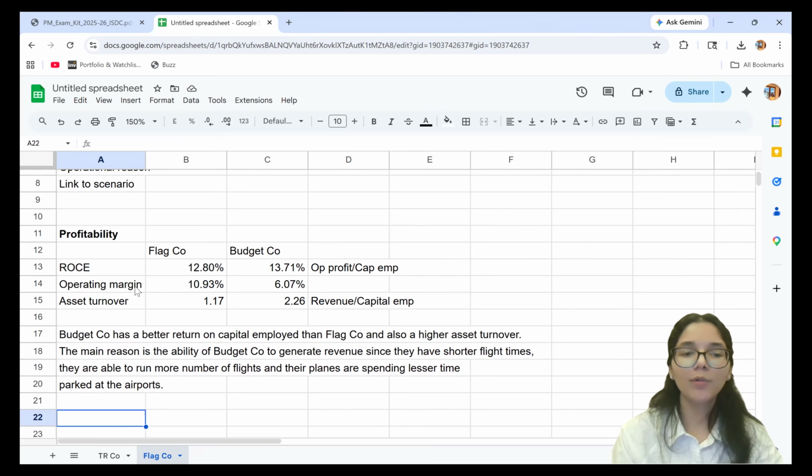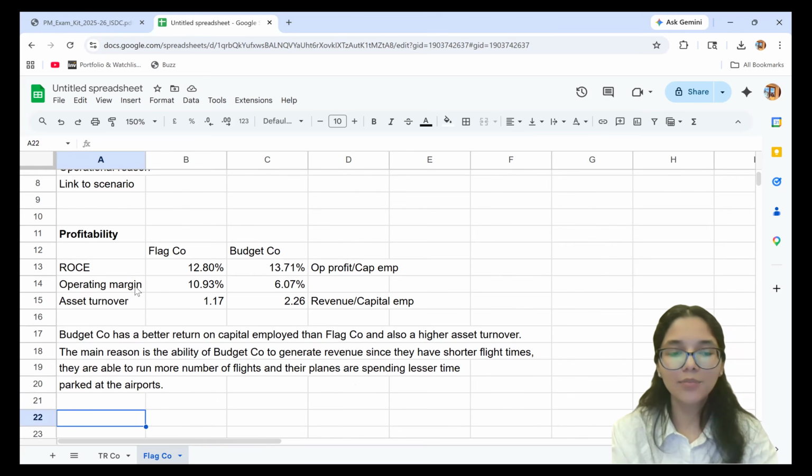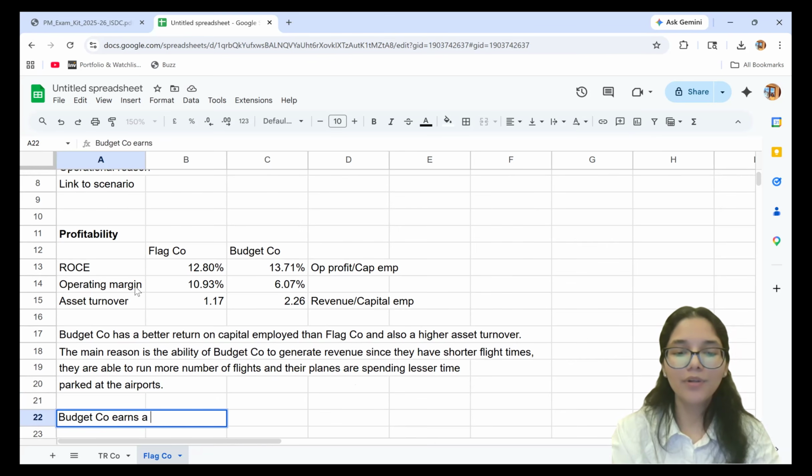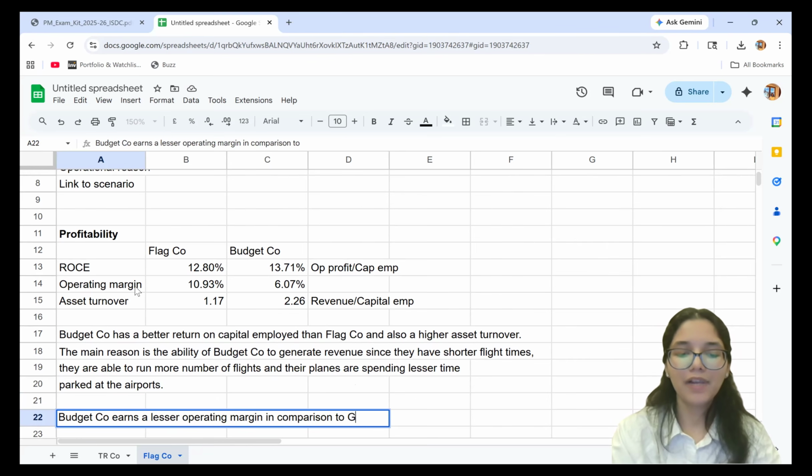Then we are going to talk about the operating margins also. We will say that budget company earns a lesser operating margin in comparison to flag company.